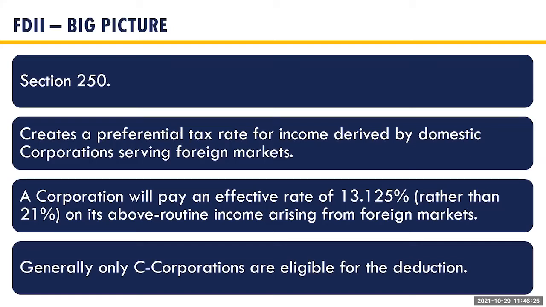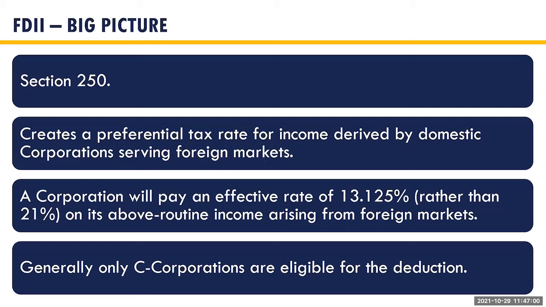So generally speaking, taking a step back, the big picture is we introduced a new section 250 into the Internal Revenue Code, discussing the implementation of FDII in addition to another deduction which is eligible for corporations. As you can see here, it does create effectively a preferential tax rate for income for corporations who are what we're calling serving foreign markets. And that means either selling into those markets goods and or services for that matter.